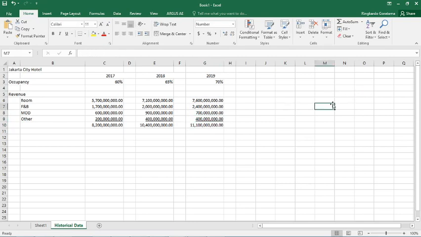All right. So we want to calculate the F&B revenue. How much is the percentage of the room revenue? So we got 30%. Okay, and I think I need to move it right here, and I copy it.